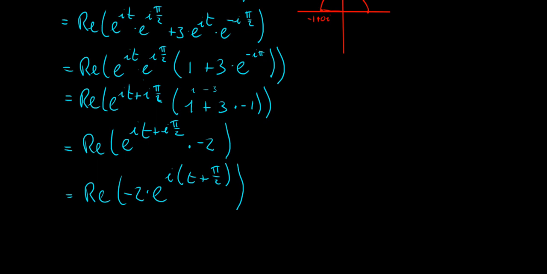And now, because we're just looking at the real part, we can actually translate this back into a cosine. Namely, this is equal to minus 2 times the cosine of t plus pi divided by 2. Like that.